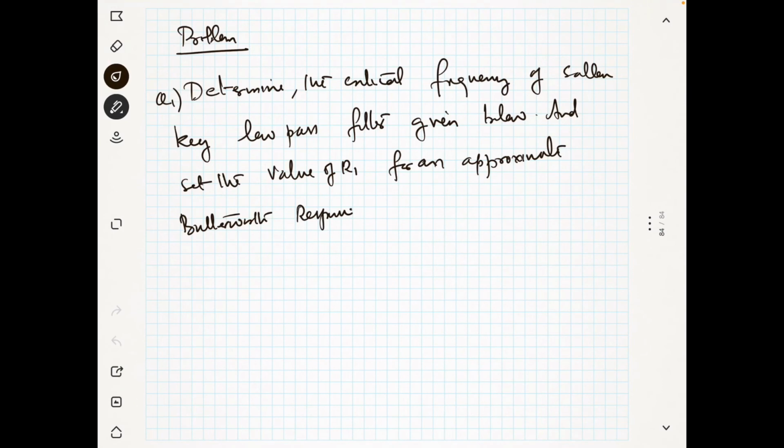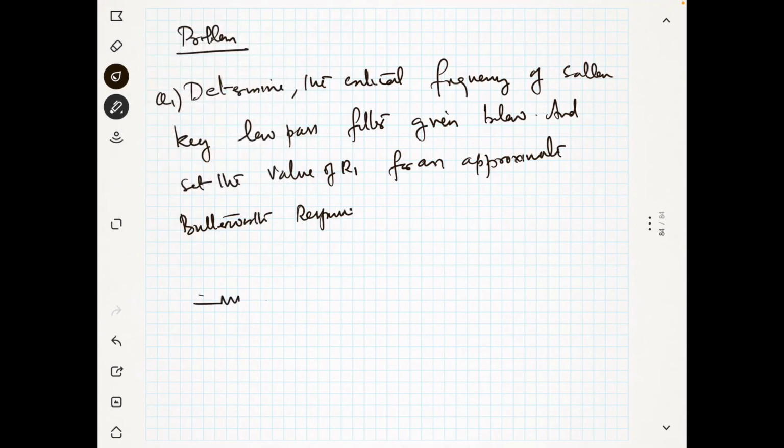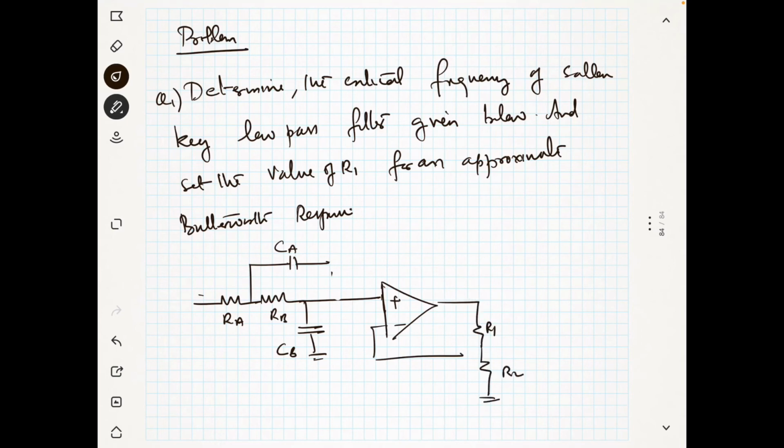So it has been given that this is your RA, then that is your CA, then there is your RB and your CB, then it's grounded. Then you have the op-amp, with R1 and R2 connected here, and this is your V out.